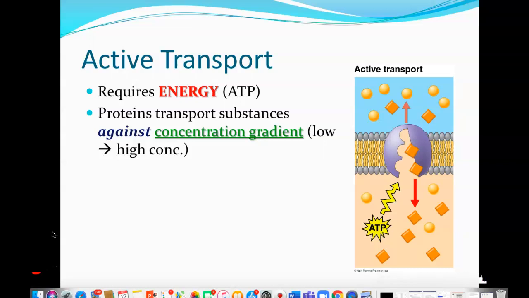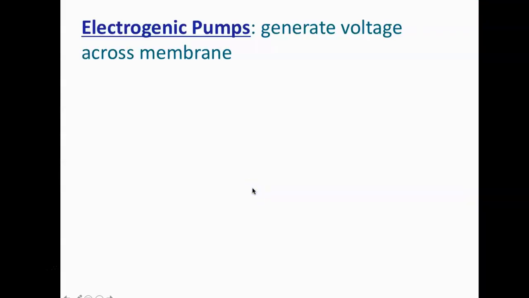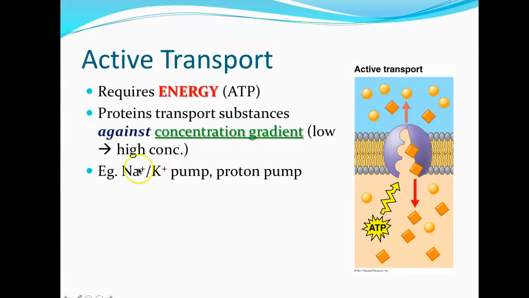So I'm going to go over some examples. The reason why active transport requires energy is because substances are moving against their concentration gradient. They're going from low to high, making it even higher on the other side and even lower on that one side. Our examples for active transport are going to be our electrogenic pumps. In this class, we are talking about the sodium-potassium pump and the proton pump.